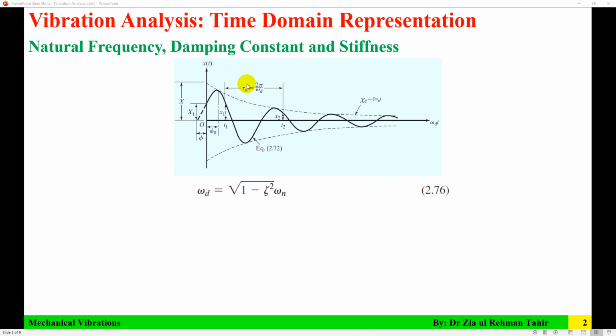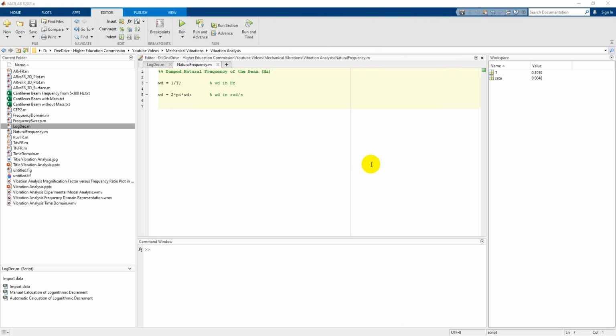From this time domain graph, you can calculate tau d. First we need to calculate tau d, and then from there calculate the damped natural frequency. Zeta and period of oscillation were calculated in the previous video, lecture 1.